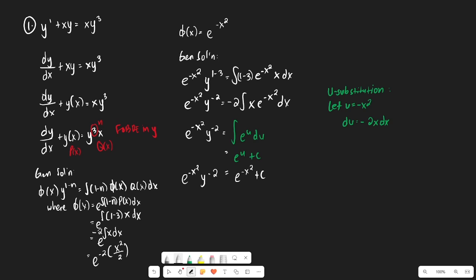So if we multiply both sides by e raised to positive x squared, this just becomes y raised to negative 2 is equal to 1 plus c e raised to x squared.